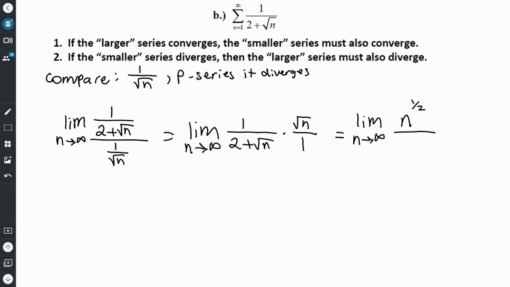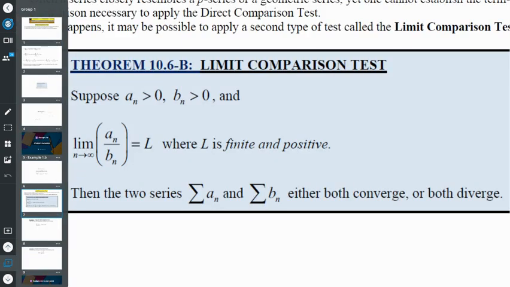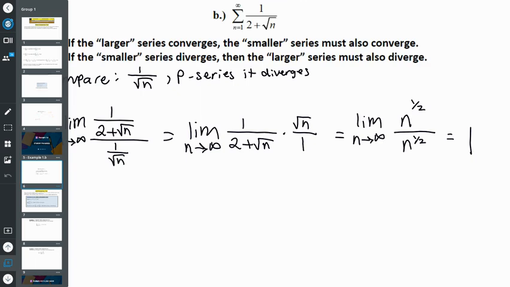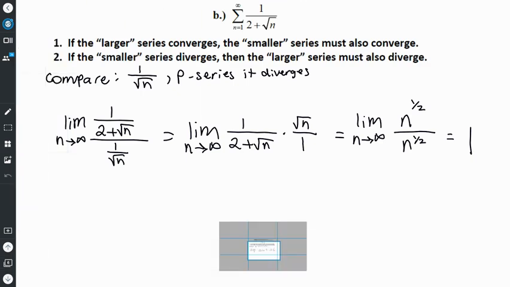And what is the coefficient of the leading term in the denominator? Just 1, right? So what's the limit? 1. Is the limit a constant? Is it a finite positive number? It is. Therefore, by the limit comparison test, since our comparison diverges, our whole series also diverges.